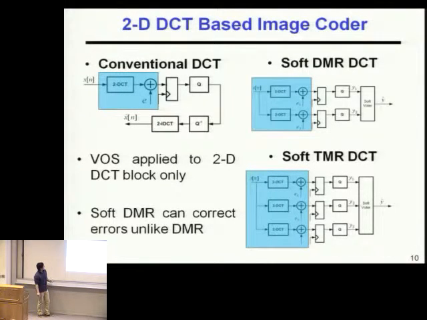And this is the block diagram of our simulation. A conventional DCT would have only one block, and we would go through the entire chain. And then we would also do soft DMR, because the soft voter is able to distinguish between two values as we're trying to find the most probable one. And then we have soft TMR that has 3 replications.